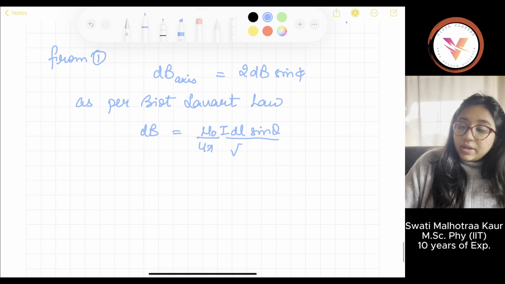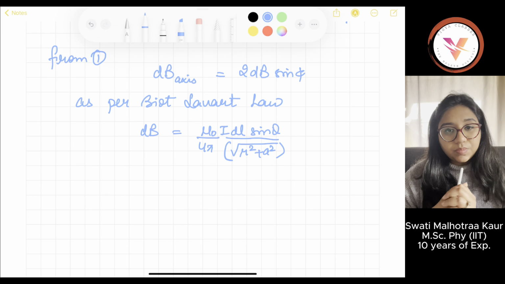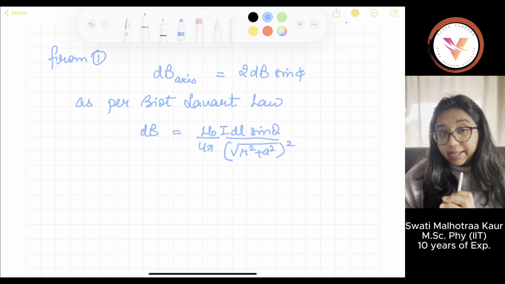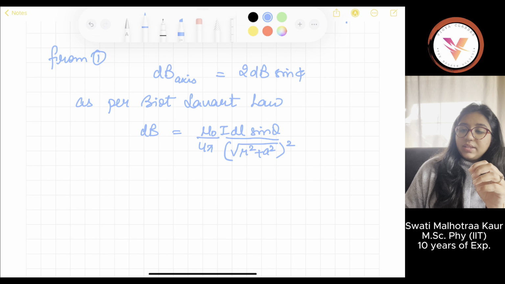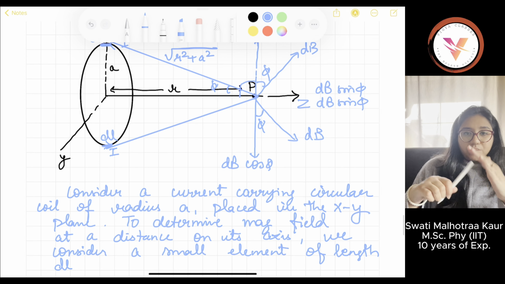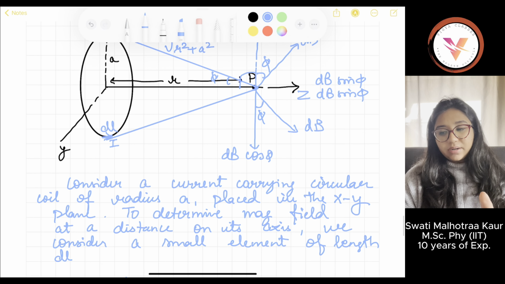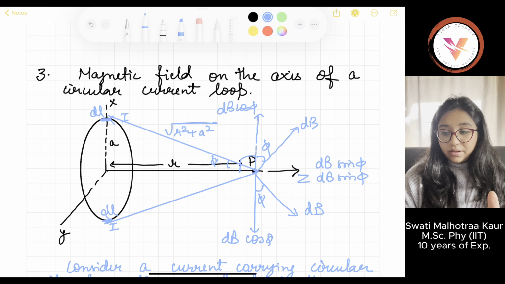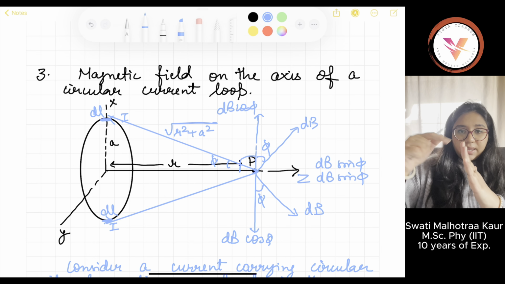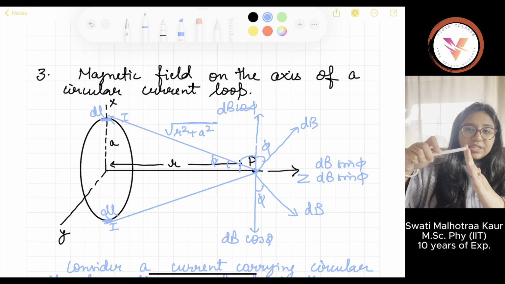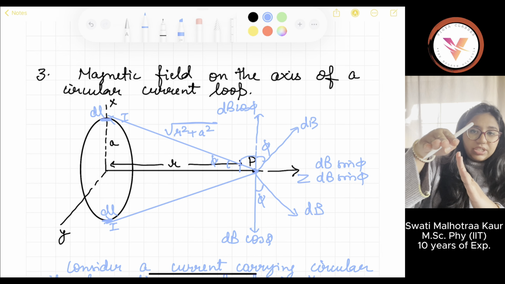That is r square plus a square raised to the power 2. Now again here theta is 90 degree. Why? Because you have taken the magnetic field to be perpendicular to this. Or you can say this length and dl are tangential to each other, because this gives you this tangential.